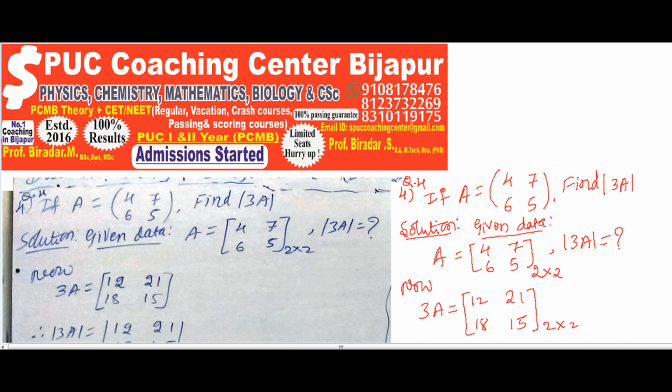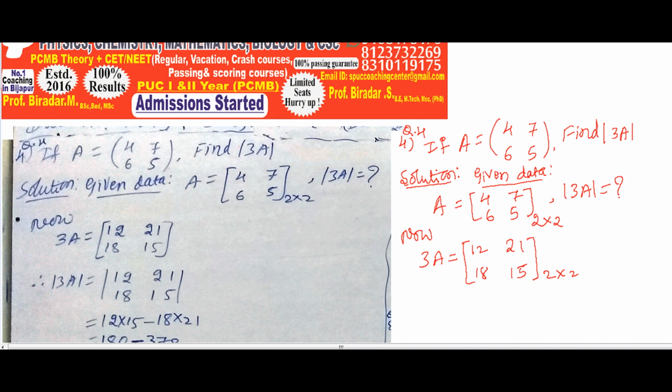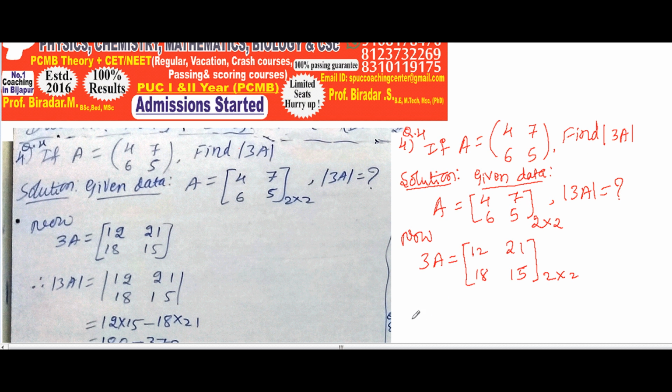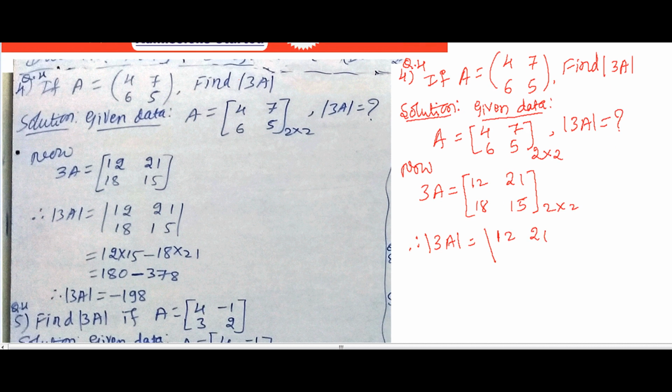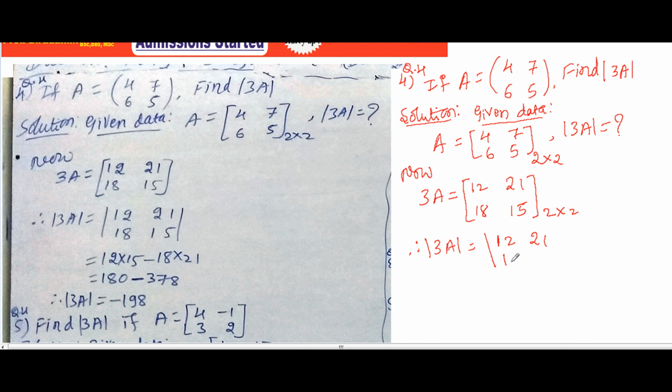What we shall do now, we have to find the determinant of 3A. Therefore the determinant of 3A is equal to the determinant of 12, 21, 18, and 15. We just multiply diagonally and then minus the diagonal multiplication of the other.